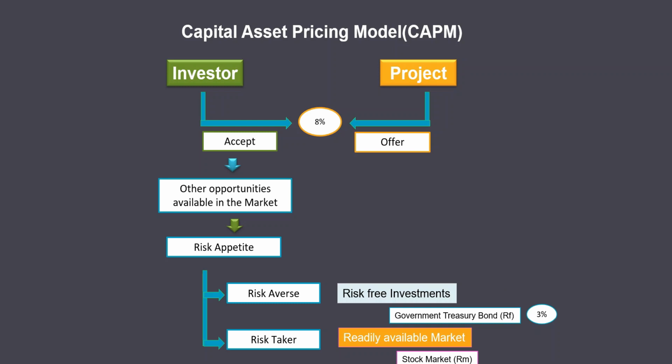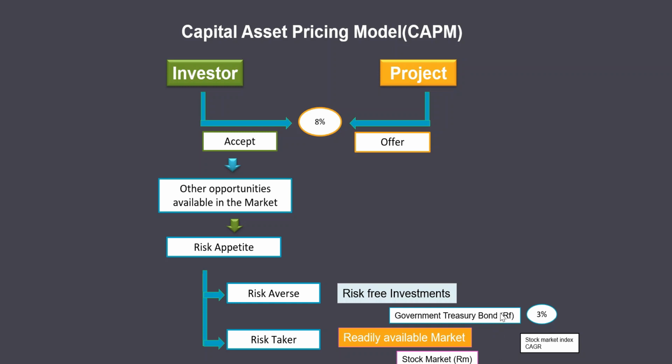Now how can you identify the market return? You can identify it by reference to a stock market index. If you calculate the compound annual growth rate of the stock market index, you can easily calculate the market rate under stock market investment.